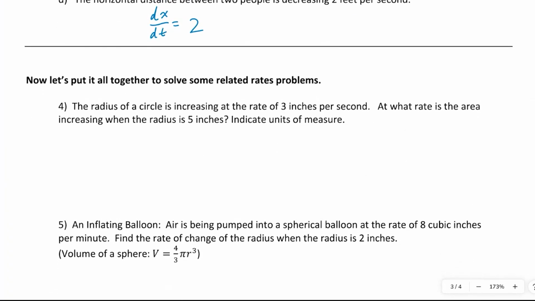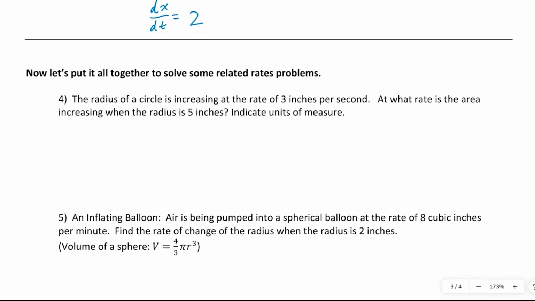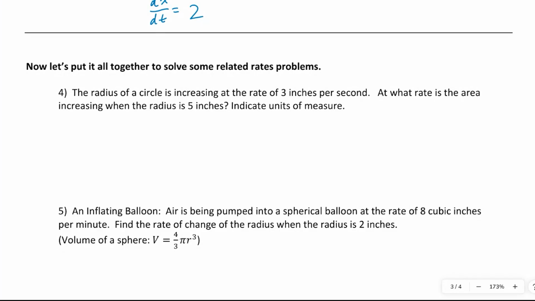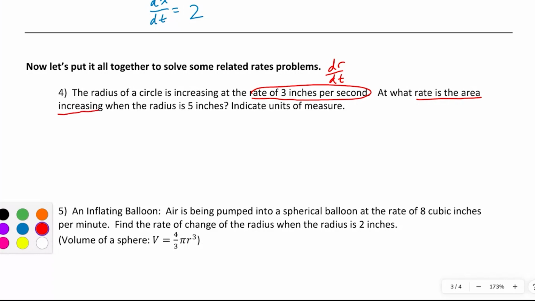Okay. And what's given is the rate at which the radius is increasing. So this right here is our dr/dt. It says, at what rate is the area increasing? So what this is asking is, what is dA/dt?